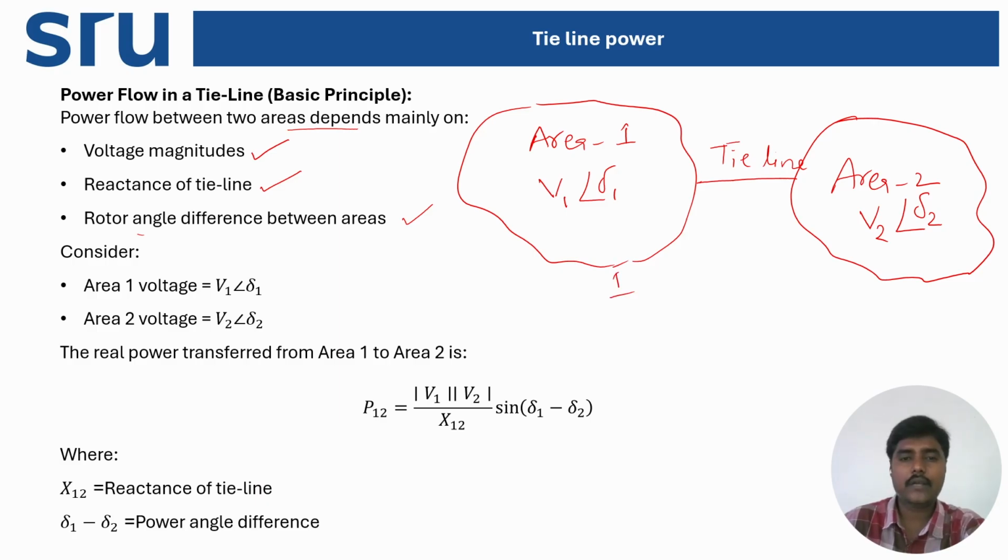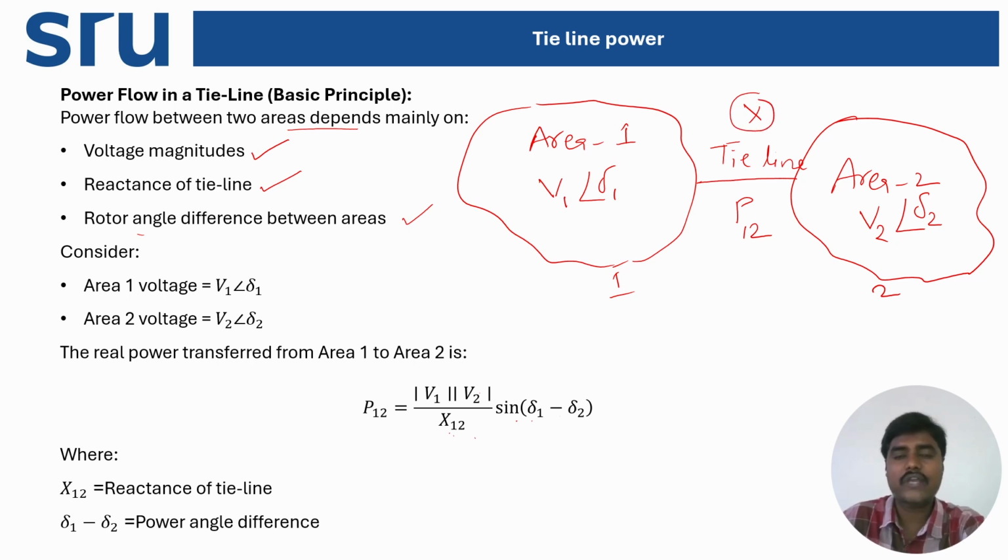If this is area 1 and this is area 2, the power flow between these two areas can be expressed as P12 is equal to magnitude of V1 and magnitude of V2 divided by X12 into sine of delta 1 minus delta 2, where X12 is nothing but the reactance of this particular transmission line.